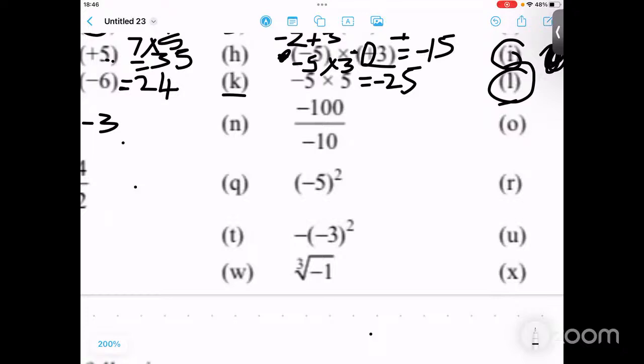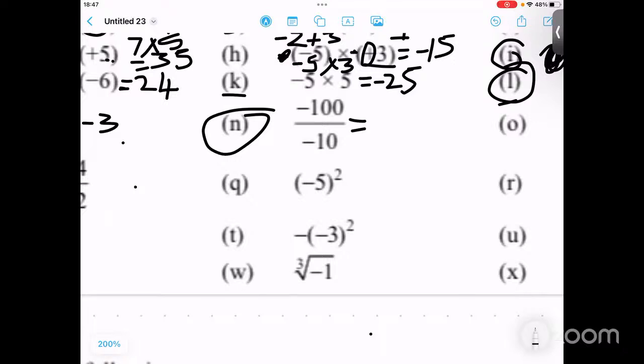And let's see, Asa, we have -100 divided by -10. What's going to be our answer? -100 divided by -10. What are we going to have?